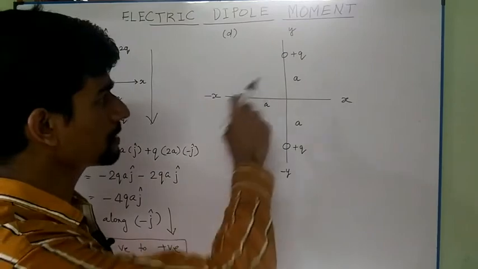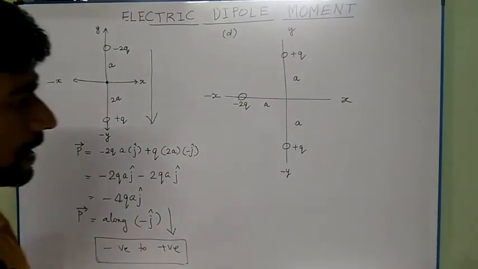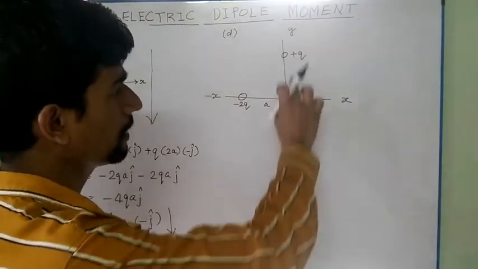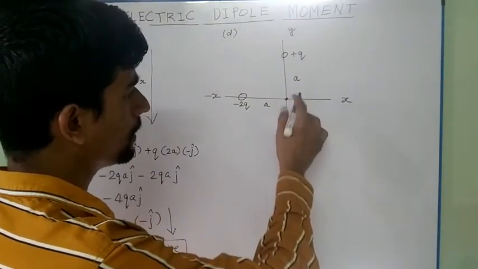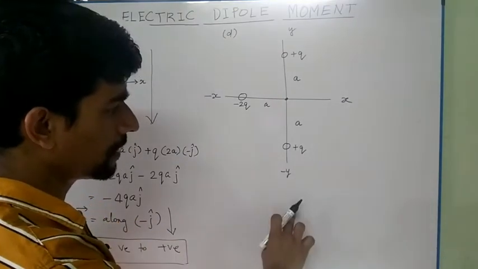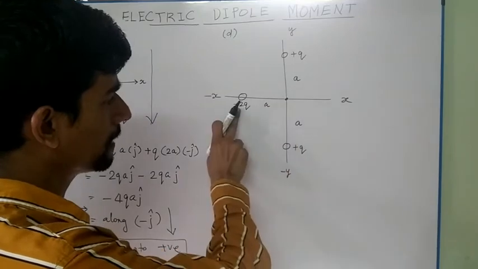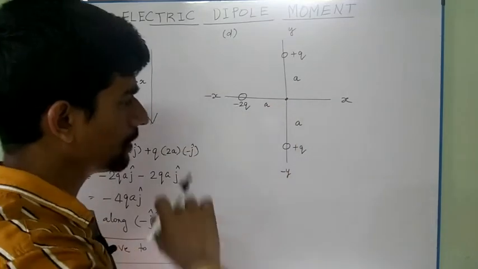Now let us discuss another case, case D, fourth case. Here we have 3 charges. See, plus q is at a distance a from the origin, another charge plus q at the same distance but in the opposite side of the origin, and another charge minus 2q is along the negative x-axis.